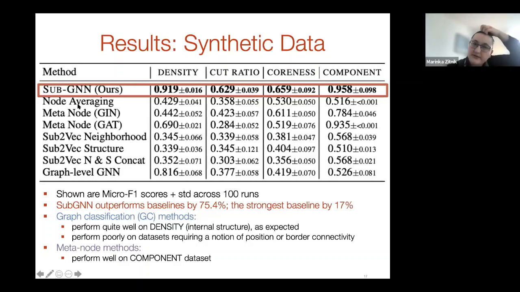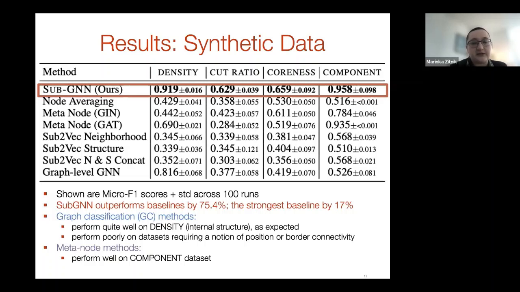In rows are different methods for different graph neural network variants. SubGNN is the one that I discussed today, and there are various ablated, simplified variants of SubGNN. In columns, we have 4 data sets, and shown are F1 scores, where the higher value indicates better performance, and standard deviation across multiple independent runs. The conclusion from this is that SubGNN outperforms baselines by a large margin.